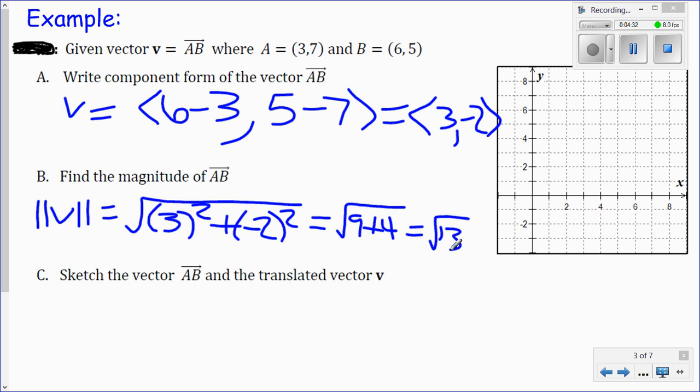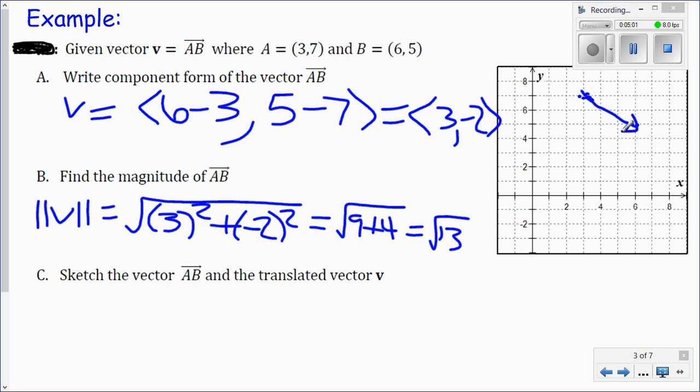To sketch vector v, or ray AB, we will just plot the initial point, which is at (3, 7), and we will plot the terminal point, which is at (6, 5). Then you're just going to draw a ray and put an arrow at the end.